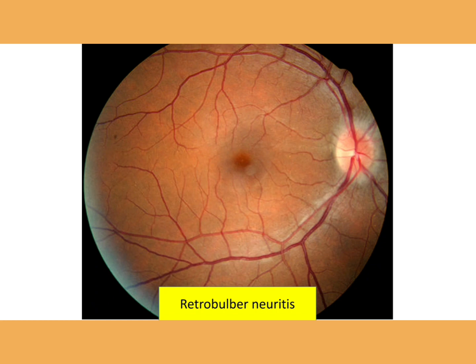If that part is inflamed, the inflammation also goes to the annulus of Zinn. So whenever the patient moves the eye in different gazes, it causes pain. That can be one sign. Another is severe vision loss in the affected eye.